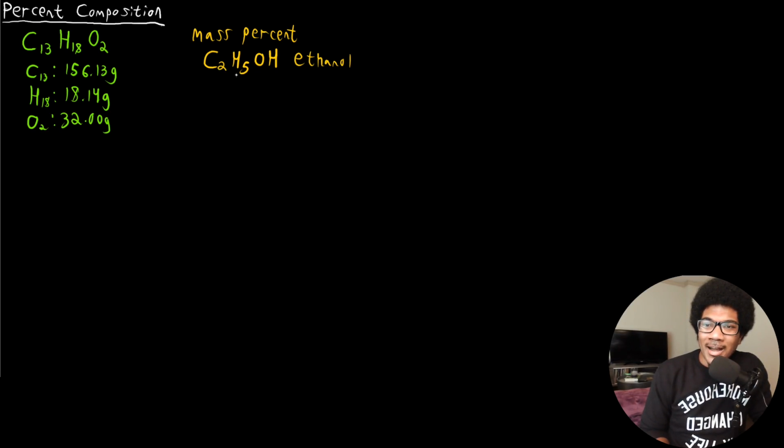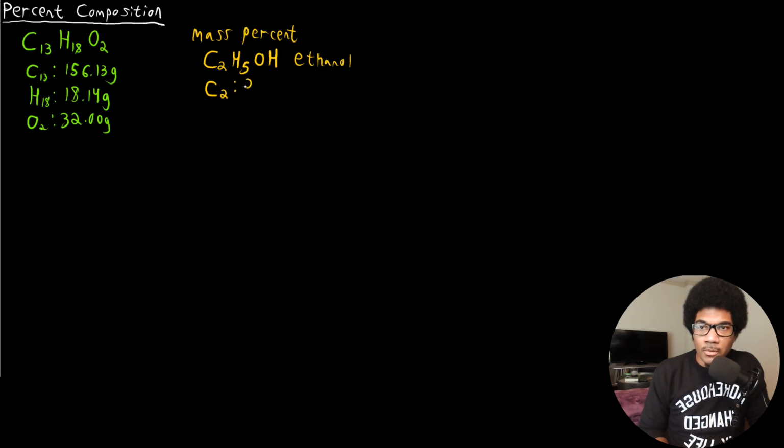So ethanol has this molecular formula, and what we can do is calculate the molecular mass. Just like we did for ibuprofen and methane in the last video, we can do the exact same thing here for ethanol, right? I'm just going to go through and show the result, but you guys know how we get each of these numbers. For carbon, we're going to do 2 times 12.01.